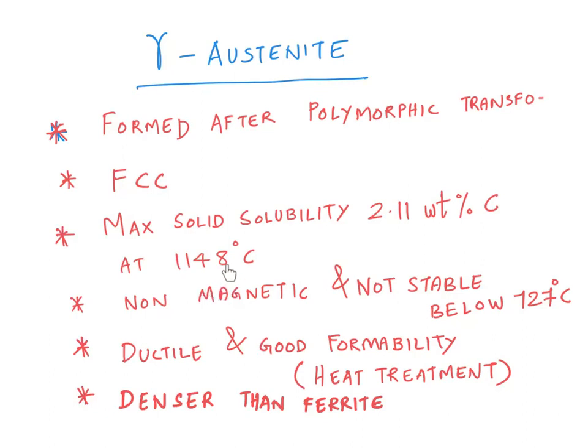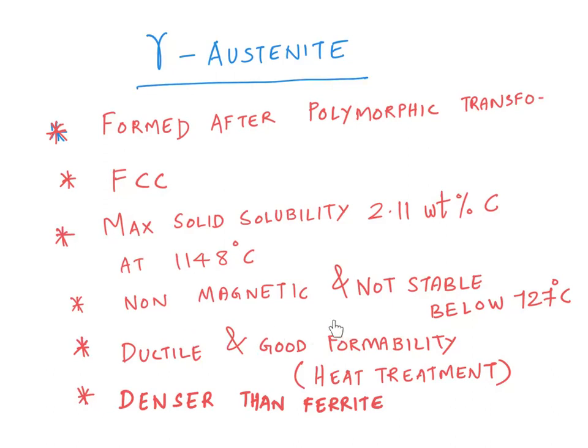The main reason for this is the change in crystal structure, because once the crystal structure changes to face centered cubic, you have a lot more interstitial spaces in the FCC structure. That's the reason it shows a large increase in solid solubility.